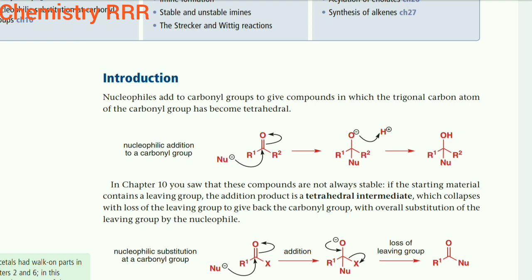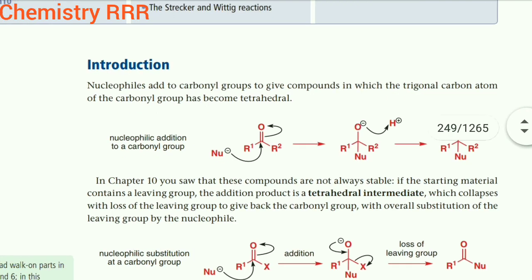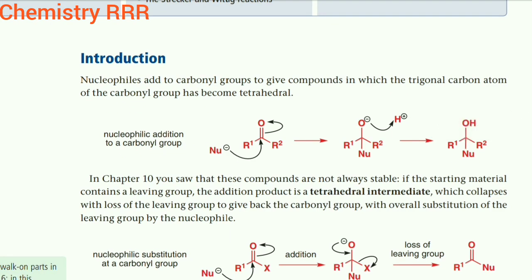Suppose I want to read this topic. First, how does the nucleophile attack this carbonyl center, what is the probable mechanism, what is the reaction condition, and then read how the nucleophile adds to the carbonyl group to give the compound in this way.